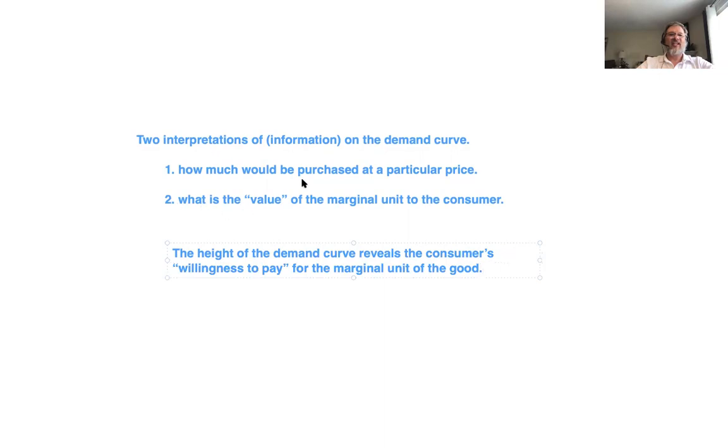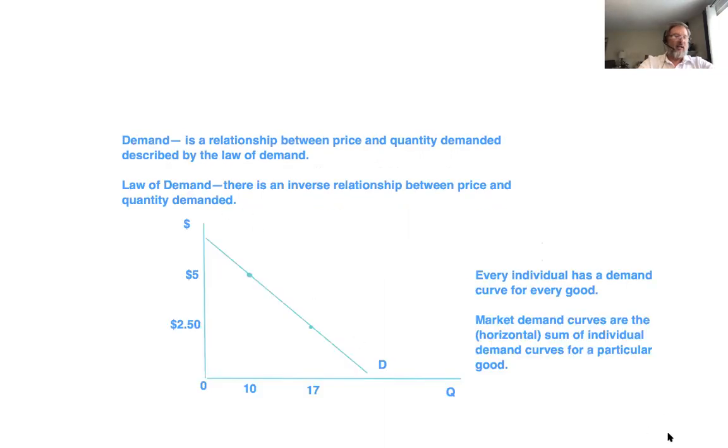So this is our second interpretation, and it's important. I want you guys to be familiar with it. There's a lot that we have to say about it, but it's important information. The demand curve doesn't only tell us at particular prices how much of the good would be purchased.